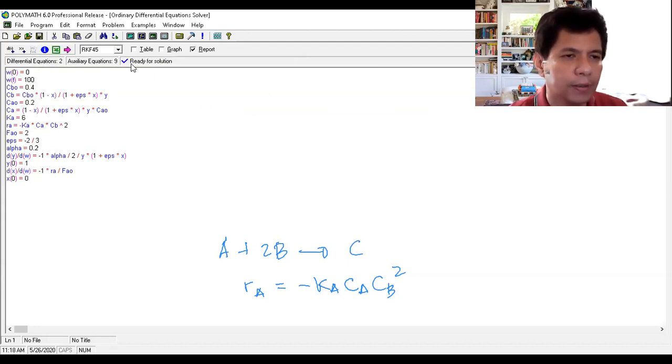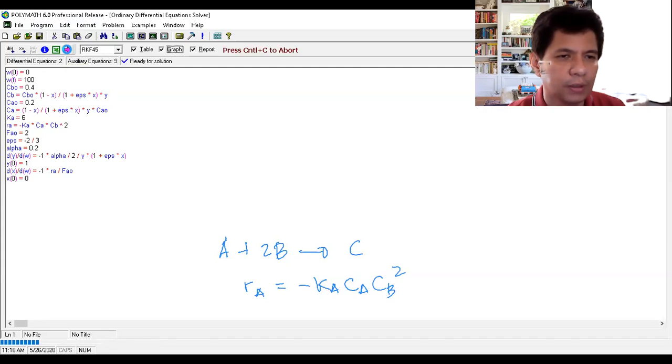Yun. So pag you'll be able to get this violet arrow, means that it's ready to run. Ano? This one. So just click in run or solve, and you're supposed to get the solution.